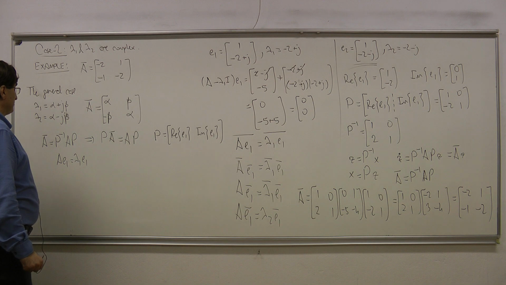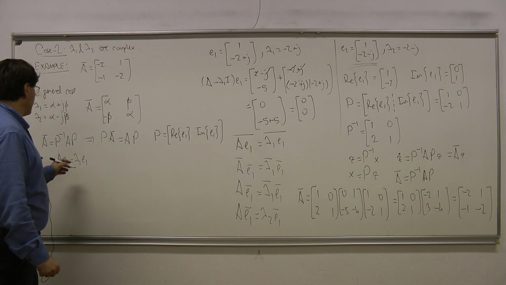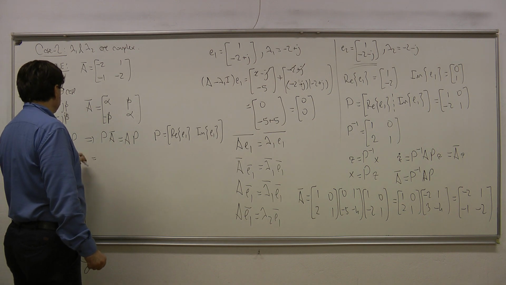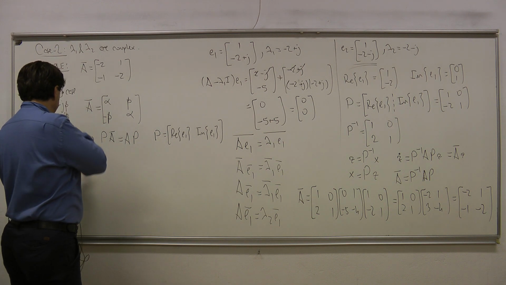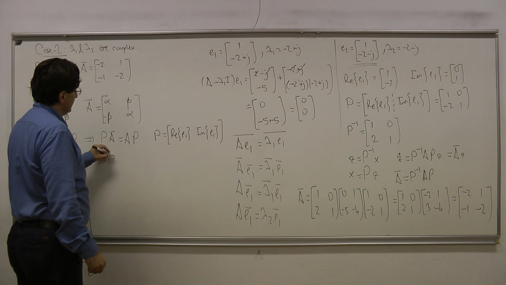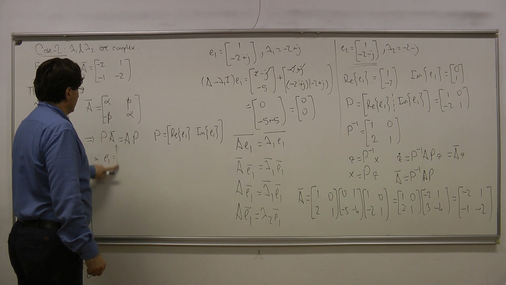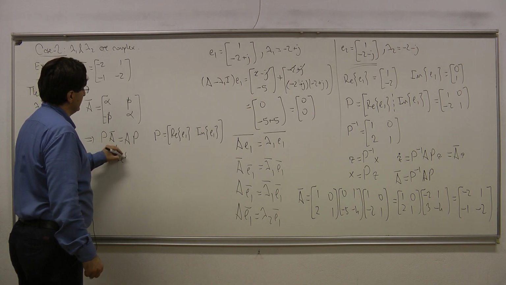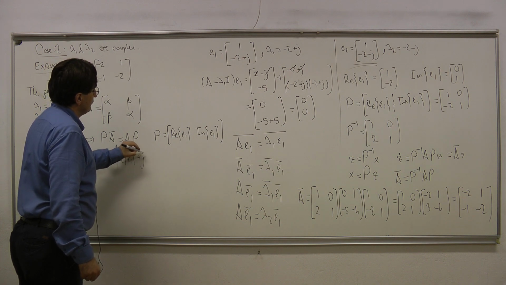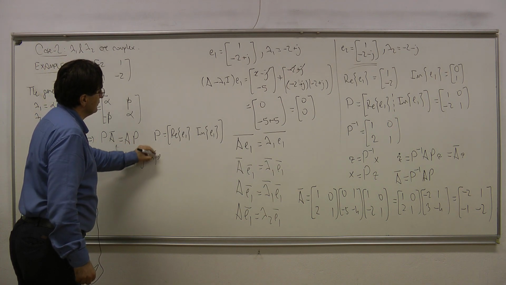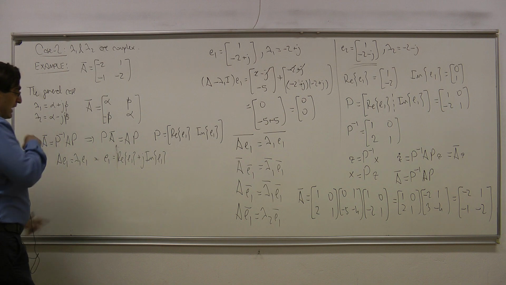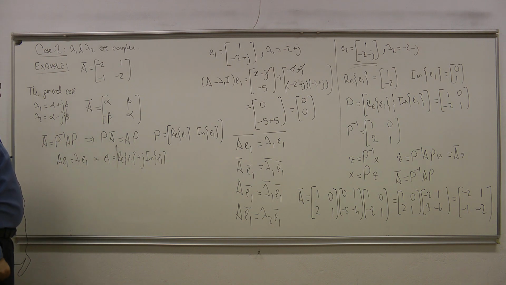Okay? And that actually means that E1 is composed of its real part and its imaginary part. So E1 can be written as real E1 plus j imaginary E1. Okay? That is what E1 is.